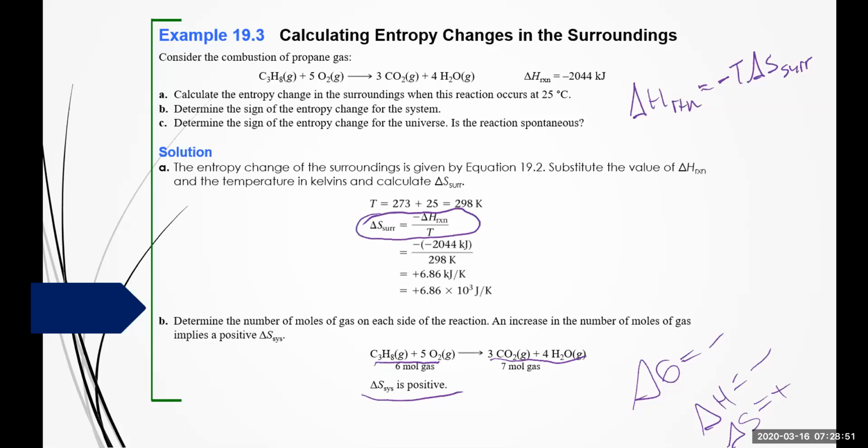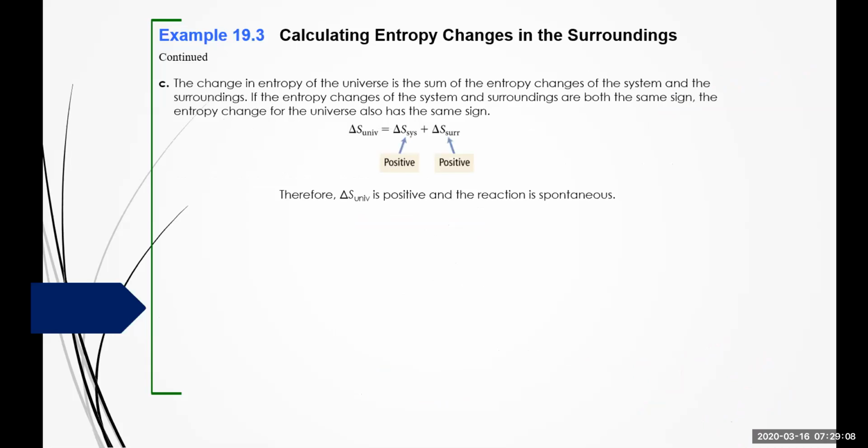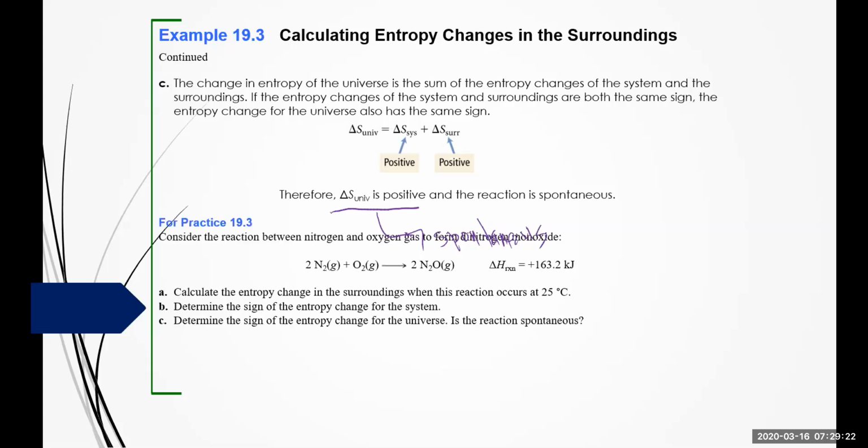And the answer is no, right? Because our delta S is always positive, we're always increasing the entropy. And our delta H is always negative, so that's also always increasing the entropy of our surroundings. Then our delta S of our universe is always going to be positive, and the reaction is always going to be spontaneous. So remember that delta S of the universe is really about spontaneity. That's what they're asking you when they want you to talk about that.